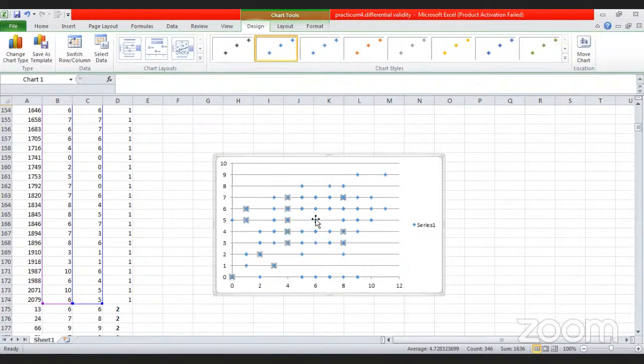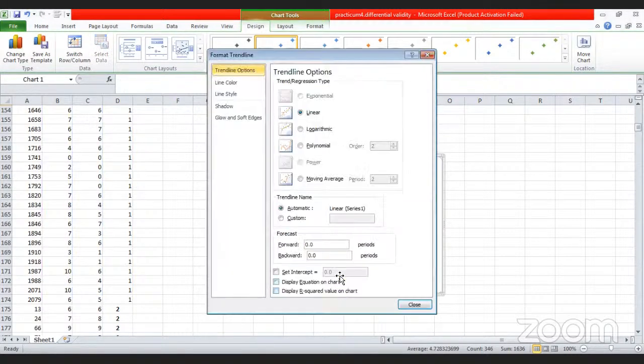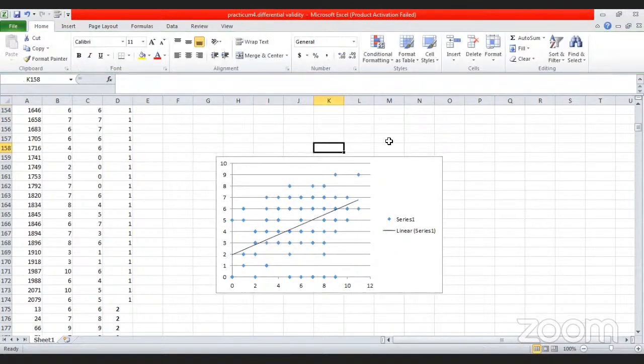Now I will select one plot, right click, add trend line, linear. Okay, this is the scatter plot for the first one. I can find it in the chart title area.